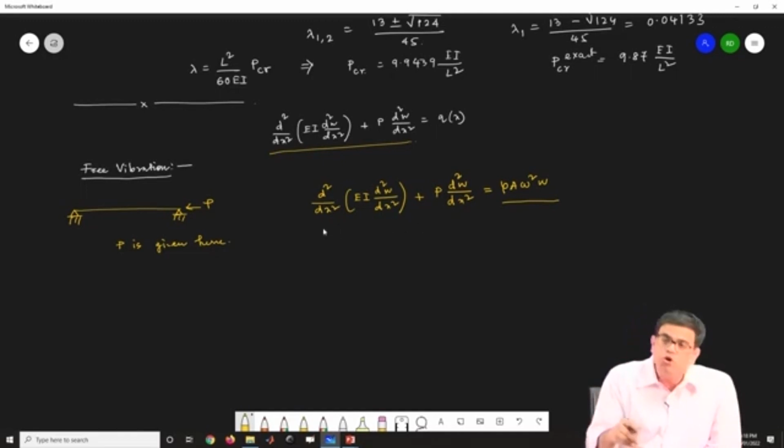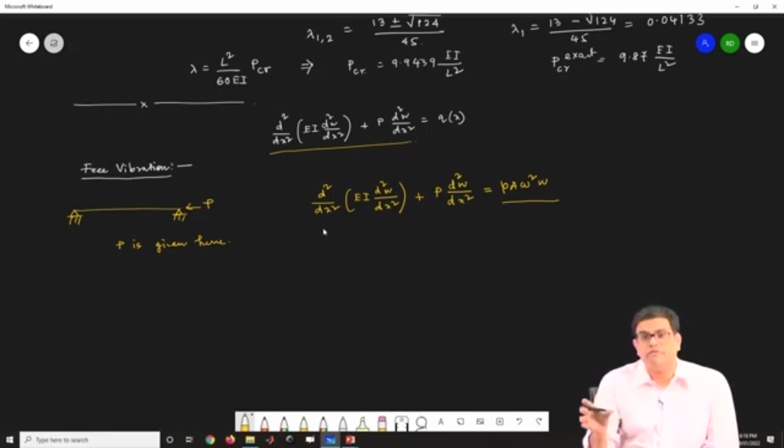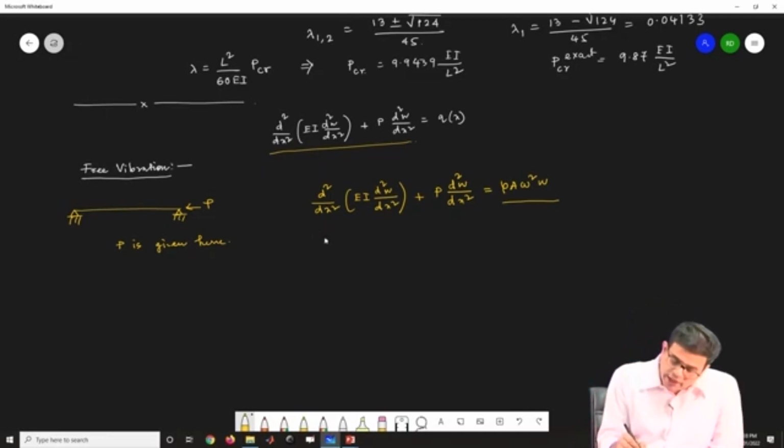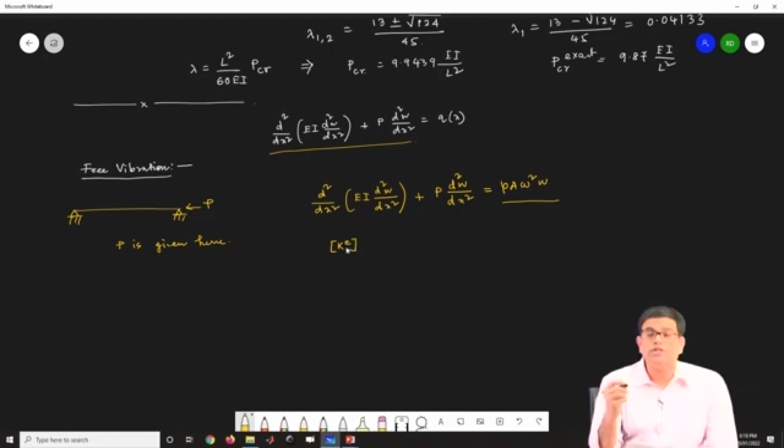So finally, if you do the weak form and then discretize with the Hermite shape functions, you get the equilibrium equation. I am just writing the discrete form, because you can now do the weak form of this yourselves; we have already seen it for the beam problem only.